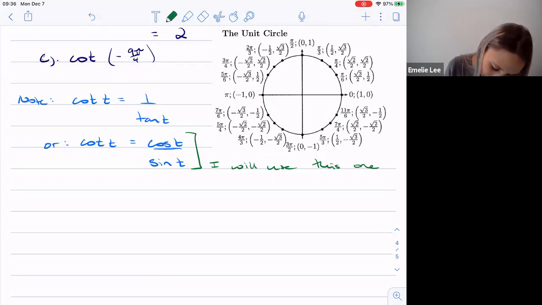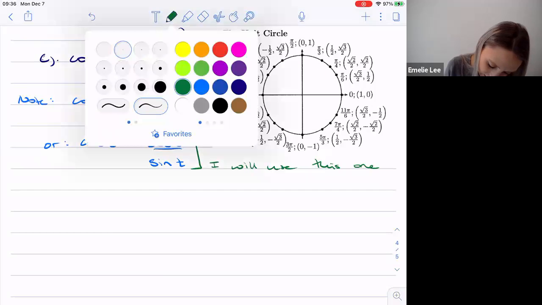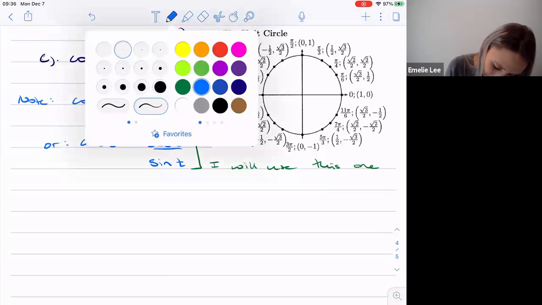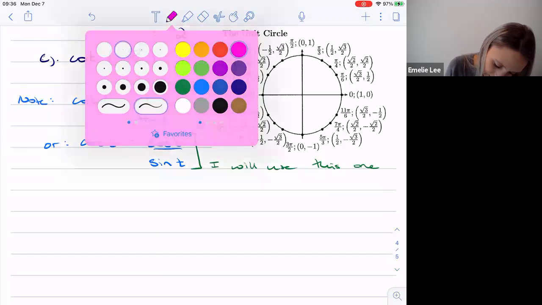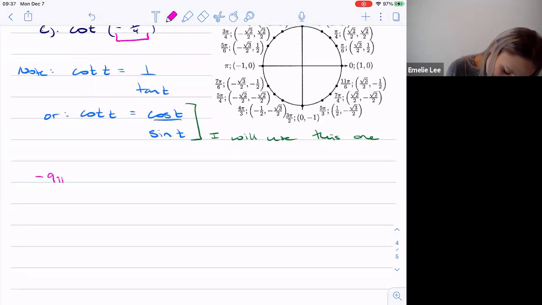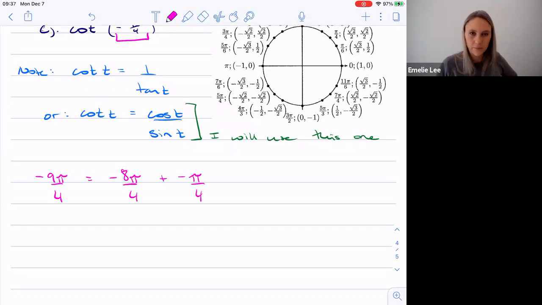So let's focus on this little guy here. I need a different color, don't I? Let's do pink here. Negative 9 pi over 4 is the same as negative 8 pi over 4 plus negative pi over 4.